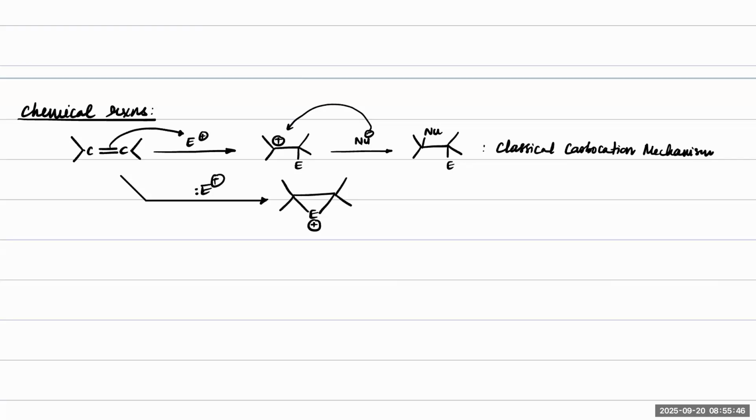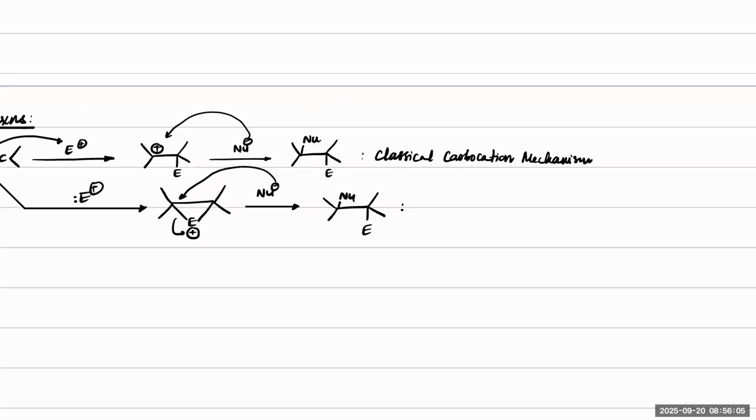And when the nucleophile attacks, then the bond will break. So the nucleophile will attack from either direction, the bond will break, and thereafter you will get the product. Now, when the electrophile is supporting with its lone pair, it is called a non-classical carbocation.